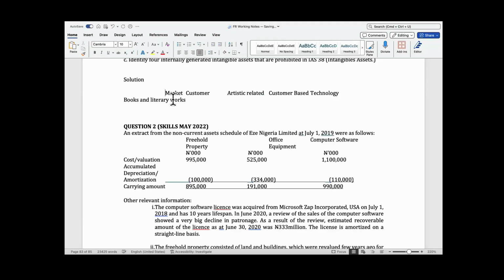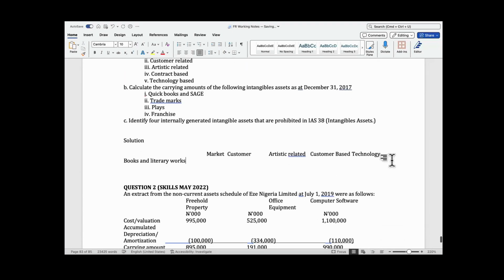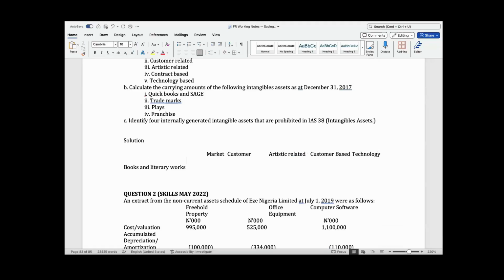Book or artistic? Will it be a market-based intangible asset?